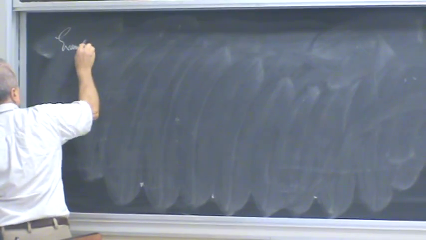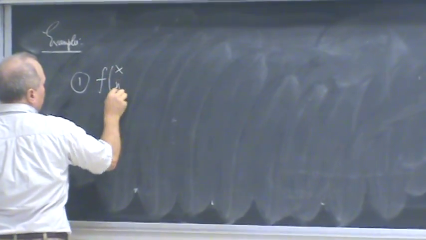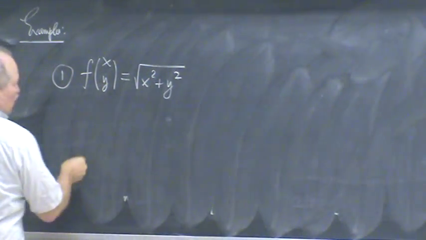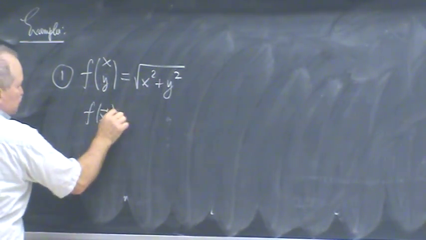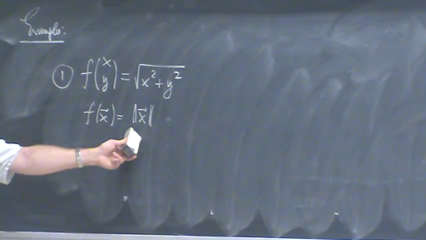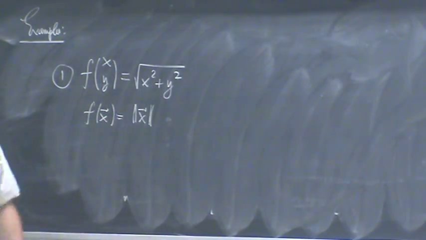I want to do a few examples just so you start getting used to this. So let's do something easy to warm up. In vector notation, I'll write f of vector x is the magnitude of x. That's the formula in terms of standard xy notation.